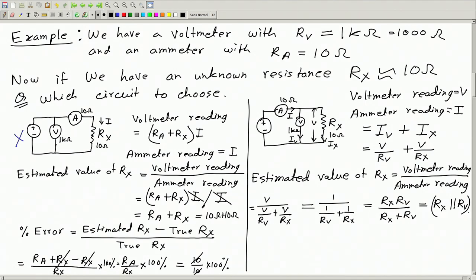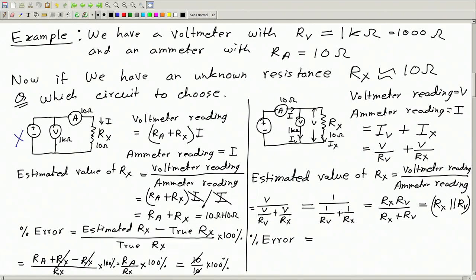Now, this is the estimated value, and how much will be the error? So let's take this formula: estimated value minus true value, divided by the true value, multiplied by 100%.